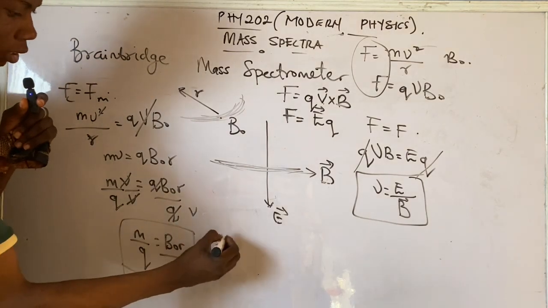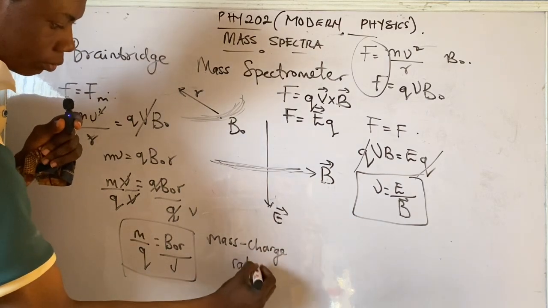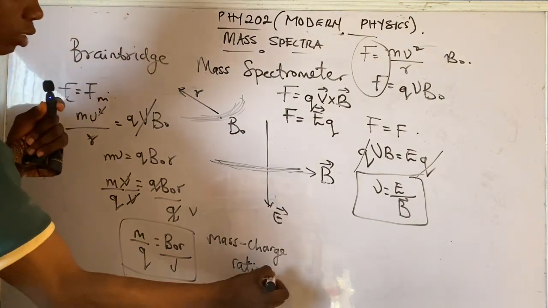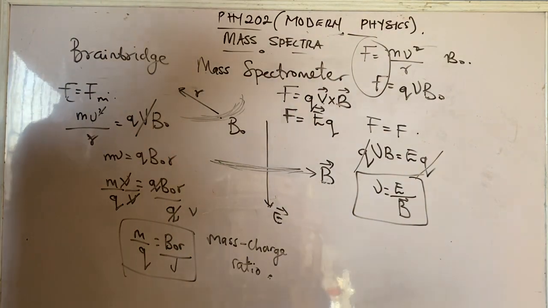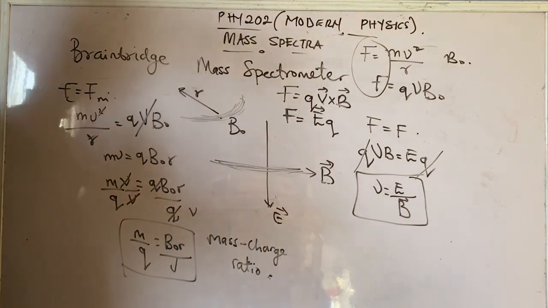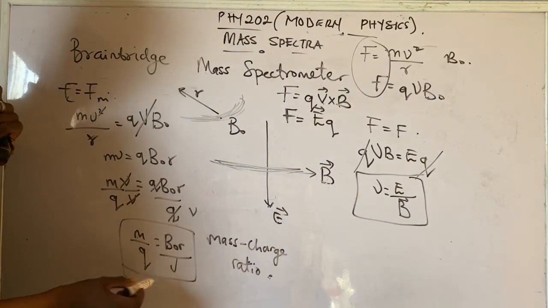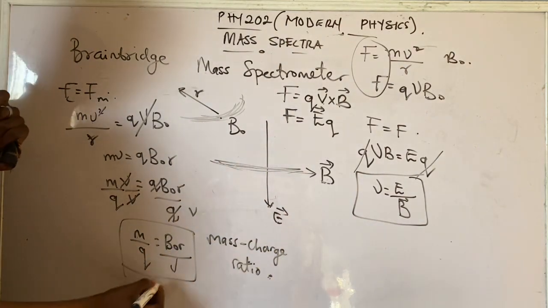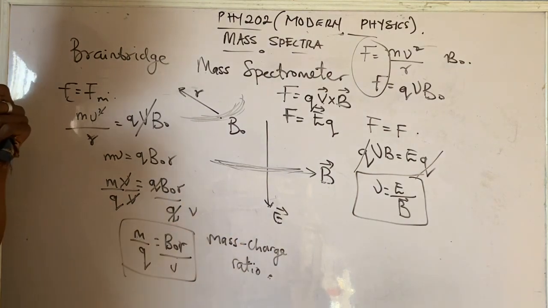This is called the mass to charge ratio. The mass to charge ratio is a very important quantity in atomic physics, or we call it nuclear physics per se. So the mass to charge ratio, m over q, is equal to B naught times the radius of the circular path over the velocity.